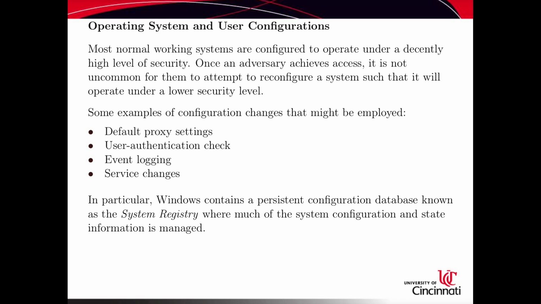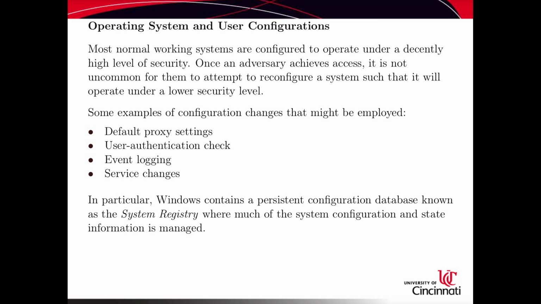So the next one we'll talk about is that most normal systems that are complex, like this one and yours, so the Mac, Linux, Windows systems, servers, everything, are usually configured to work under a decently high level of security. It's usually the out-of-the-box behavior.